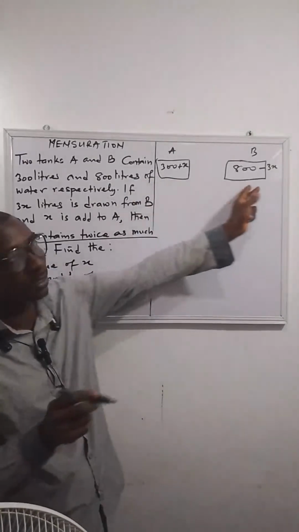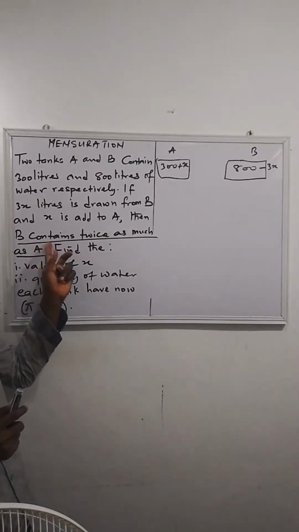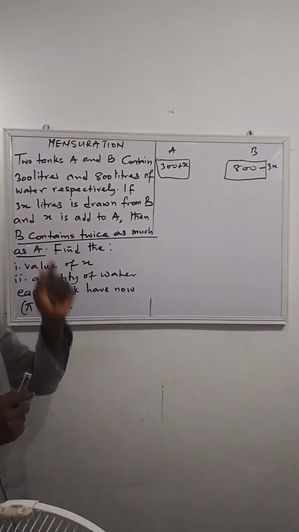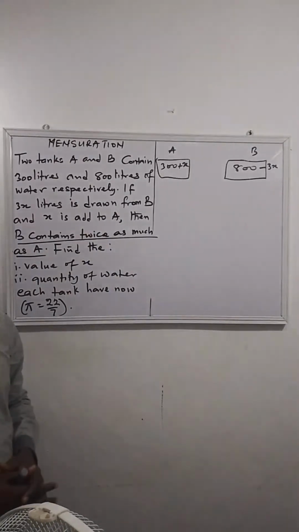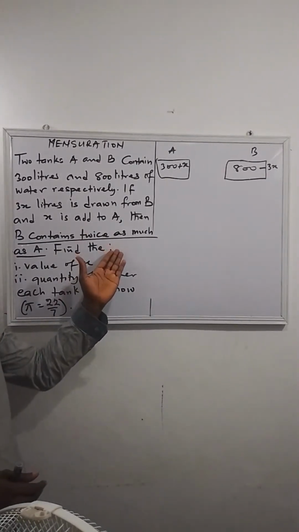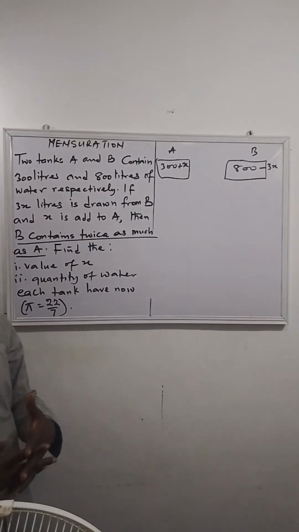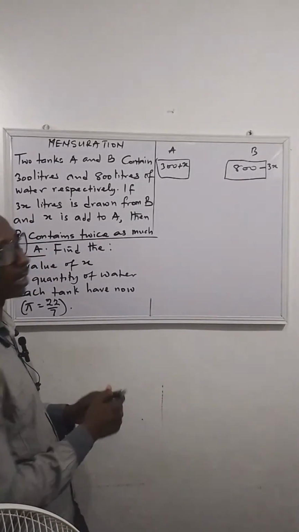Now, the question says that B contains twice as much as A. That is, B equals 2 times A. That's the meaning of that statement. B contains twice as much as A. That is, B equals 2 times A. Do you understand now?